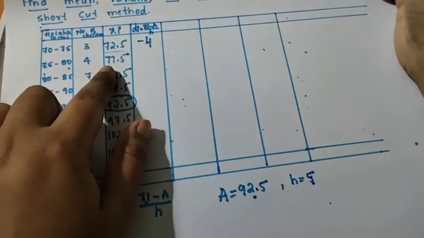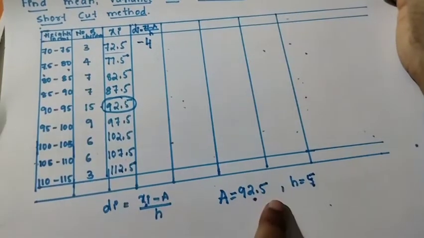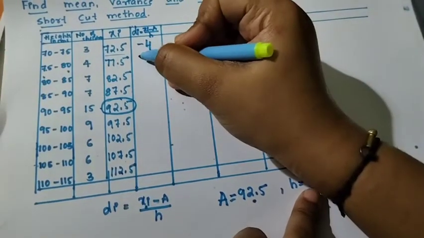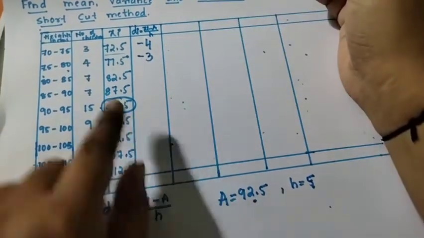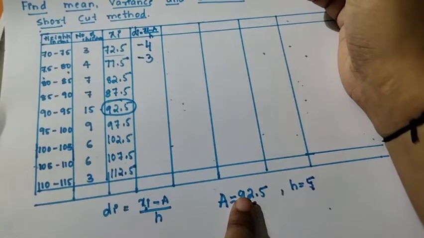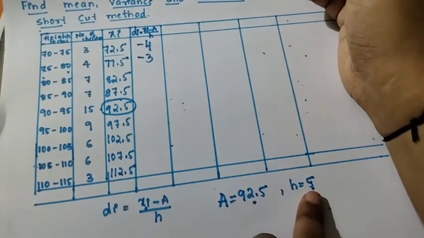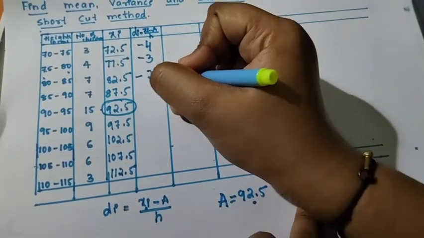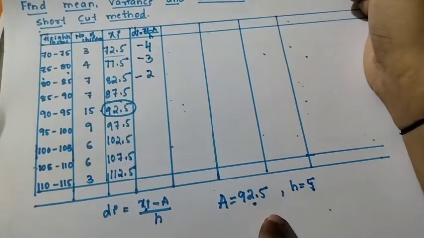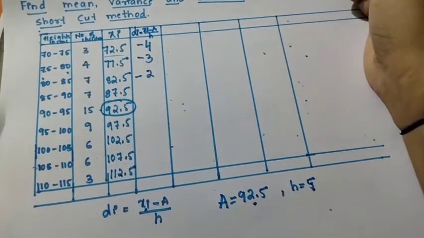Okay, next 77.5 minus 92.5 divided by 5, you get minus 3. Next 82.5 minus 92.5 is minus 10. Minus 10 divided by 5 is minus 2. Next 87.5 minus 92.5, you get minus 5.